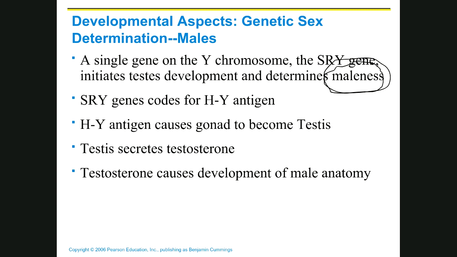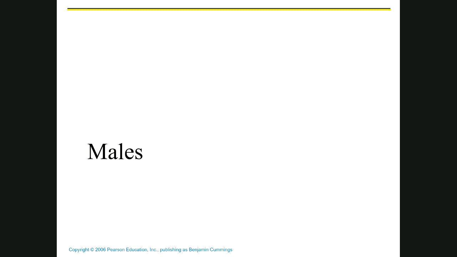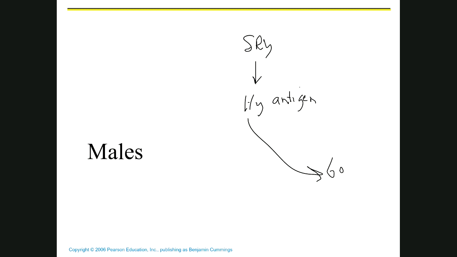And here's what happens. As development continues, this SRY gene turns on, and it codes for something called an HY antigen. And what that HY antigen is going to do is go to the gonad of this individual and cause that gonad to turn into a testis.